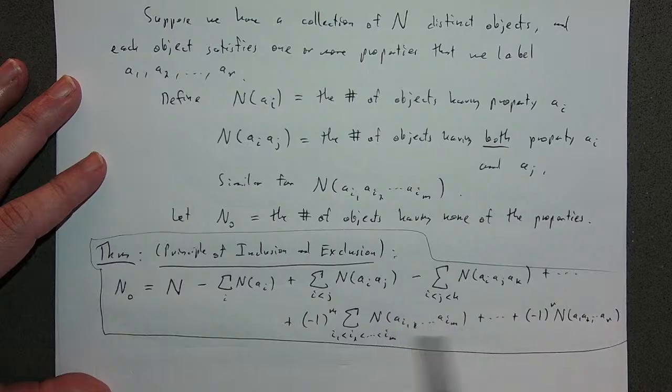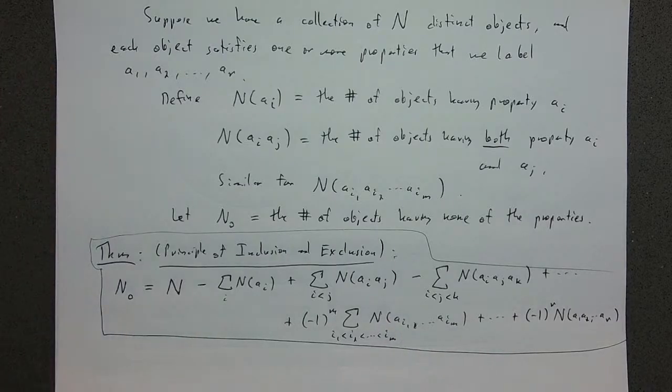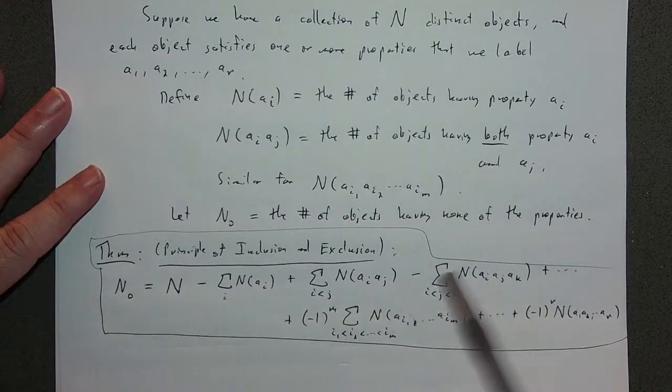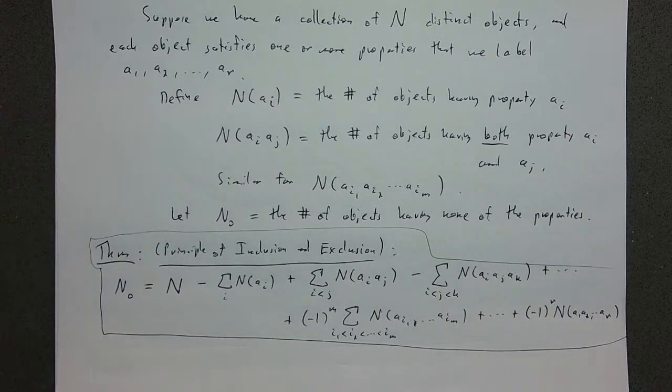Again, alternating sign, so as you pass to the next step, you're taking more and more properties and alternating the sign, summing over each of these. How many are in each term? Well, how many are in each term can be computed using binomial coefficients, as we're going to see here.